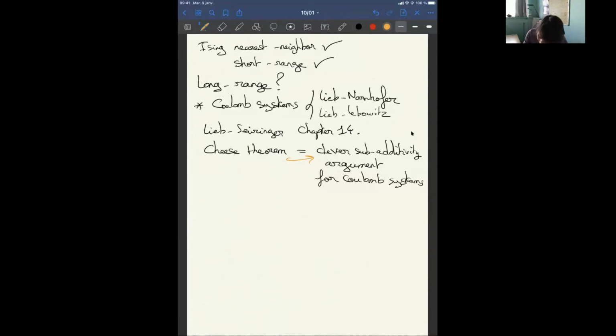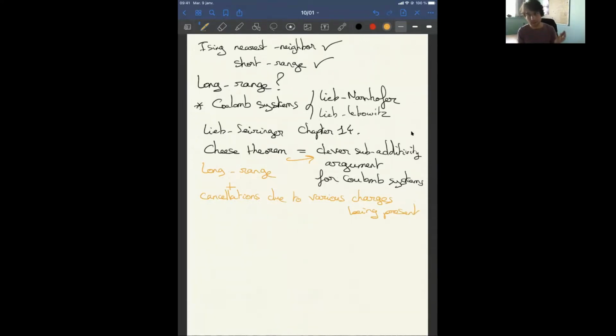And here, it's long range. The key here is that it's long range, but the system is neutral. So there are cancellations due to various charges being present. So I think that's the answer that I gave yesterday to someone's question.